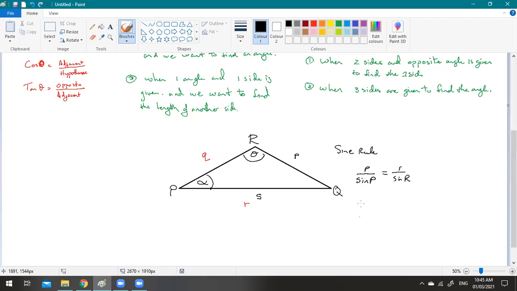So we will write P over sine alpha is equal to 5 over sine theta. So if you write either one of these equations, you would have been correct.